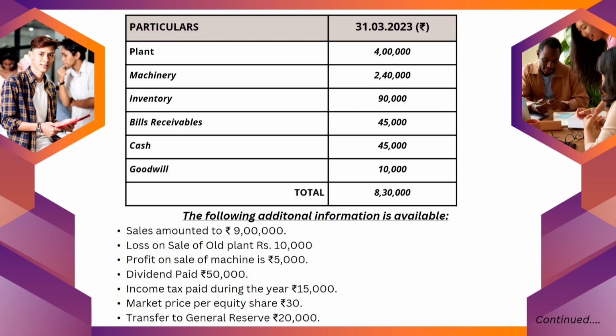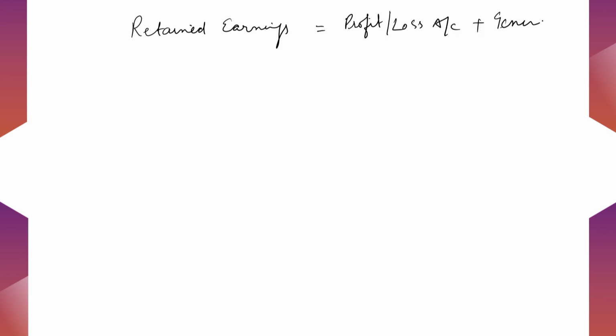Next we need retained earnings, and for that we take the profit and loss account given in the question, and add to it the general reserve. Profit is given 1,30,000 plus 40,000 general reserve. So the total is 1,70,000. This is our retained earning.